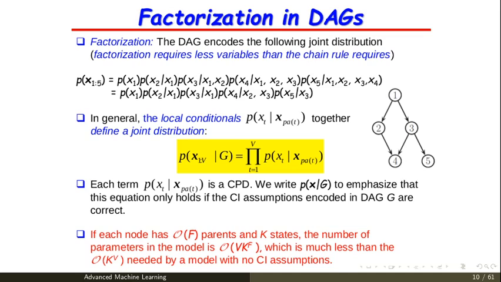We will see a much more general equation even for undirected graphs. In principle, one could say the power is f plus 1, since each of the parents also takes k values.